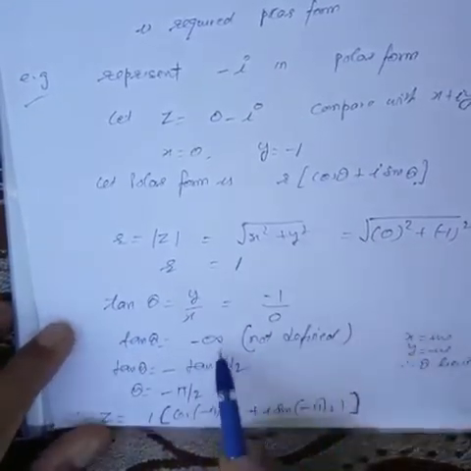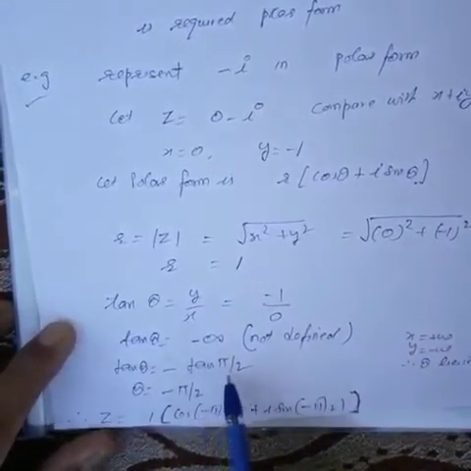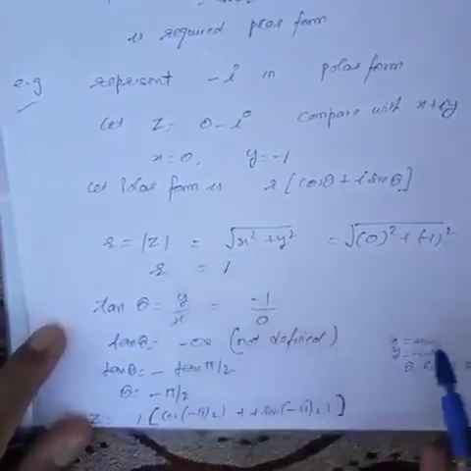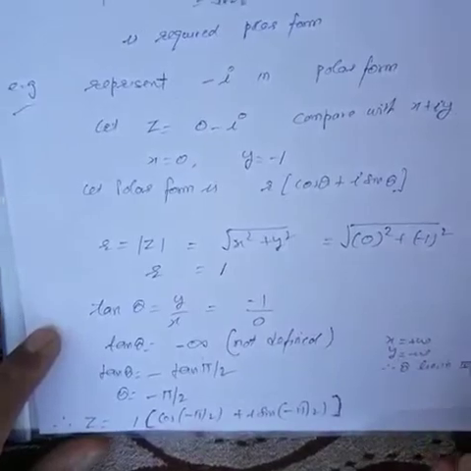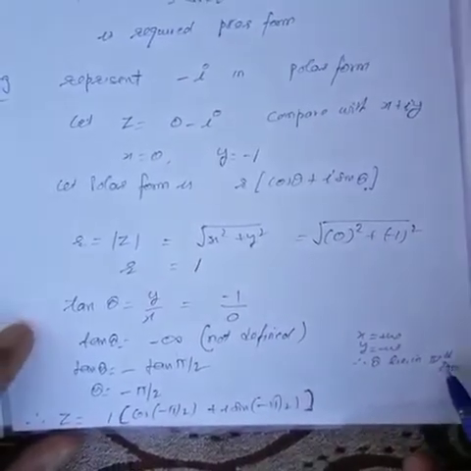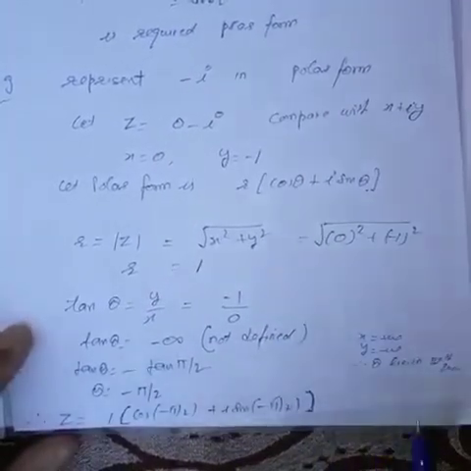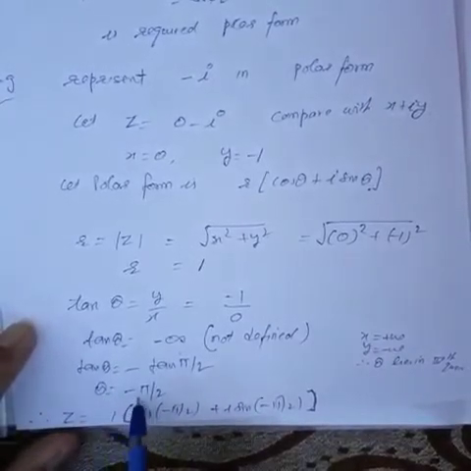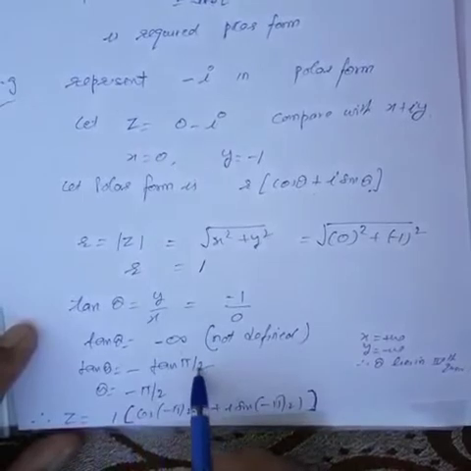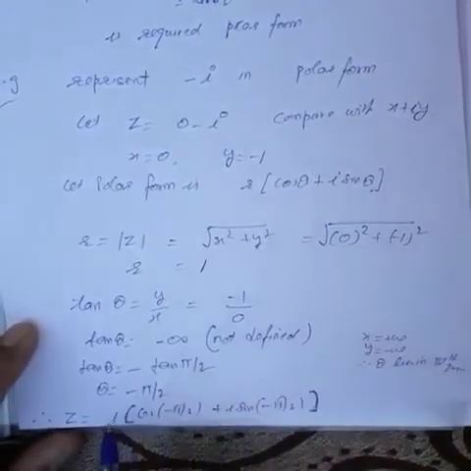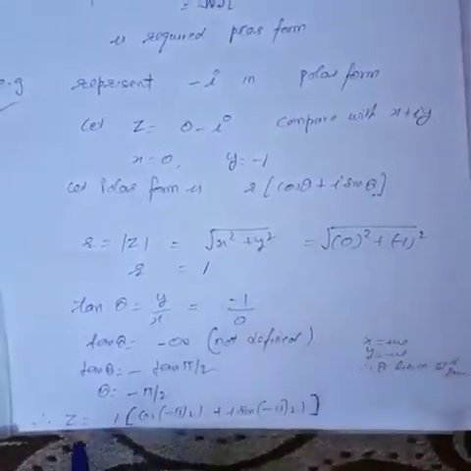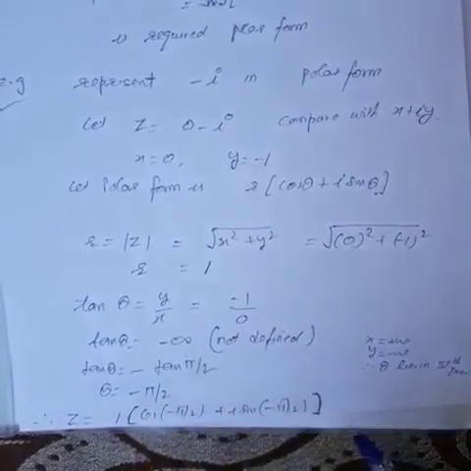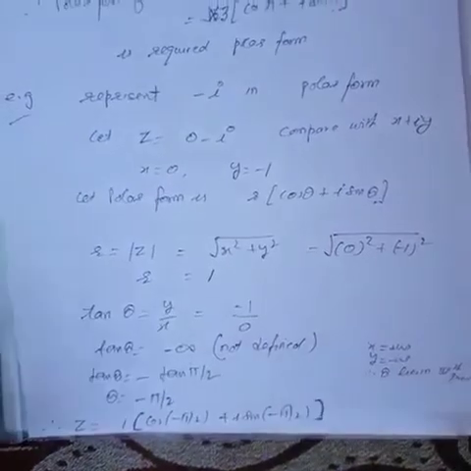From the table, this is the value of tangent pi by 2, and you observe x is 0 and y is negative. It means theta lies in the fourth quadrant. In the fourth quadrant, it should be minus alpha, so theta is minus pi by 2, since alpha is pi by 2. Now you replace the values and you will get the required polar form: 1 into cos minus pi by 2 plus iota sin minus pi by 2. I think it is clear to you.